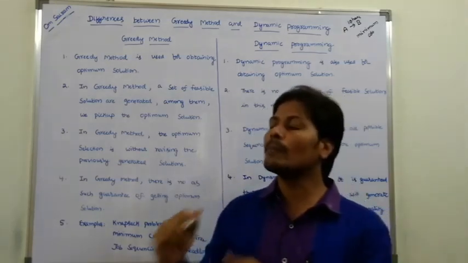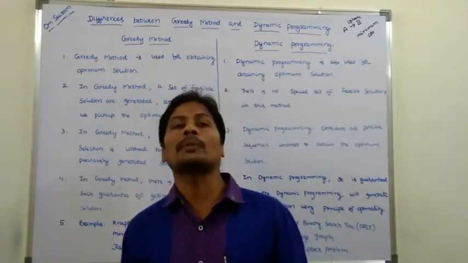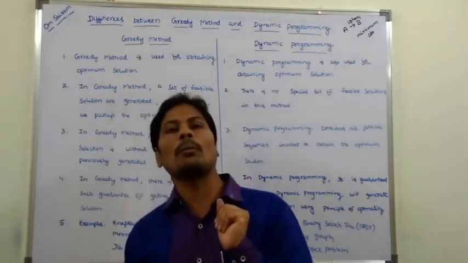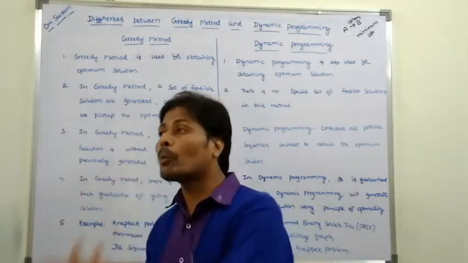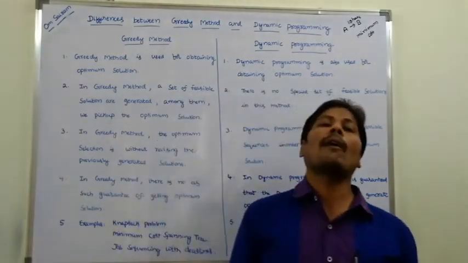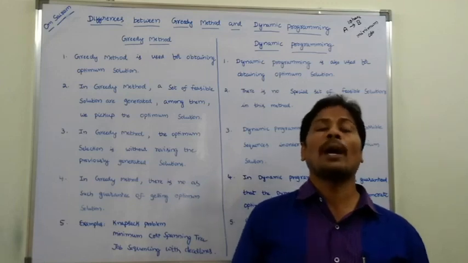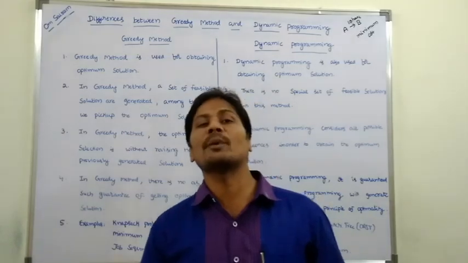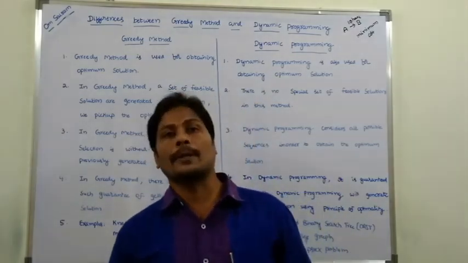These subproblems are also optimal. If a problem is an optimal problem, then its subproblems are also optimal problems. This is called the principle of optimality. Because of this principle, we may guaranteedly say that we may get the optimal solutions.